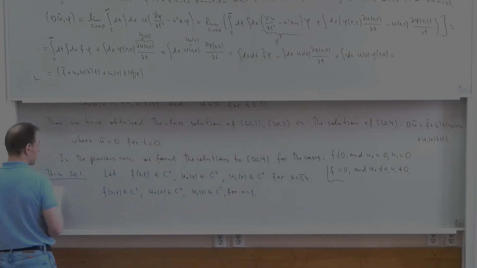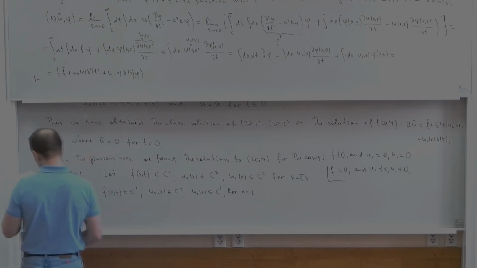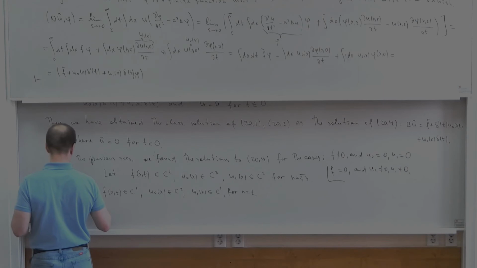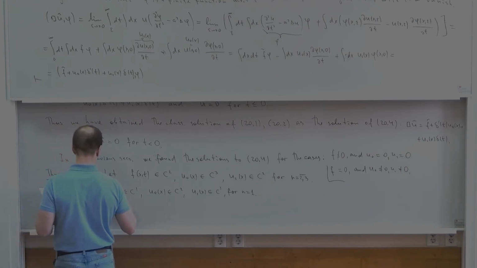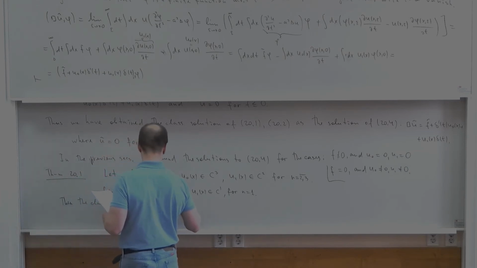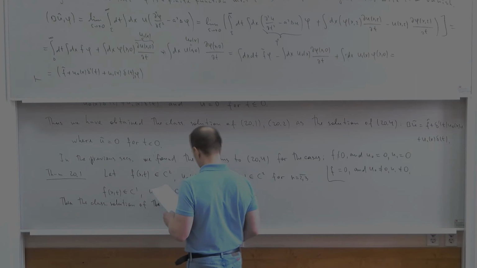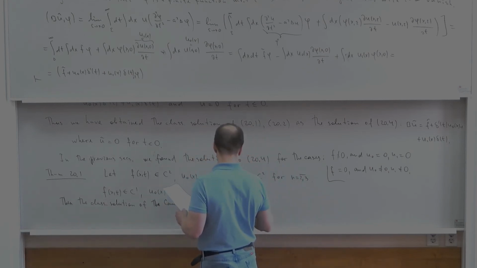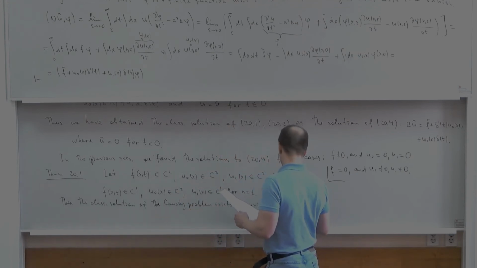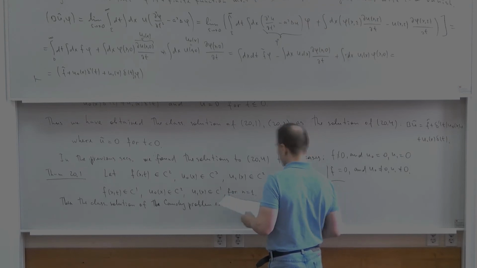Then the classical solution of the Cauchy problem is unique and is given by the following formulas.